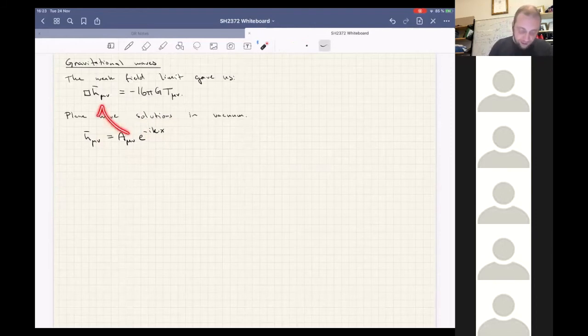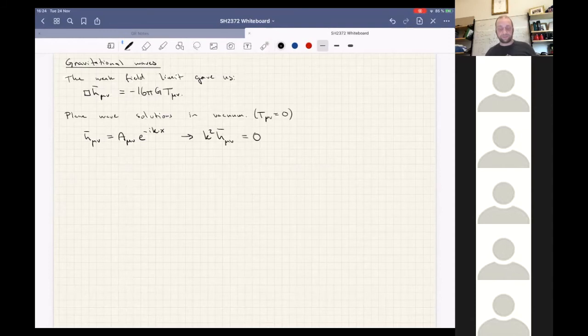If we just insert this in the wave equation in vacuum, so vacuum, of course, being that T mu nu is equal to 0, we're going to end up with the equation k squared h bar mu nu equal to 0.